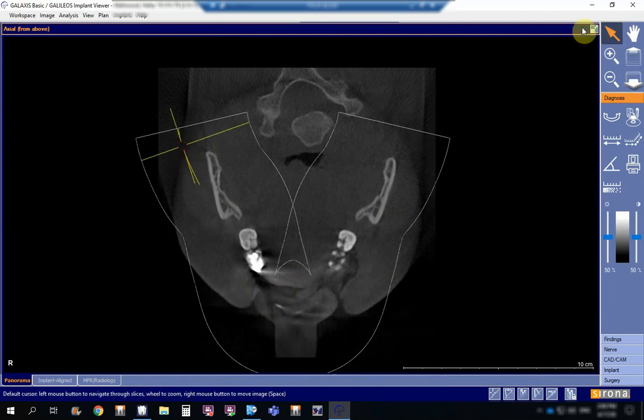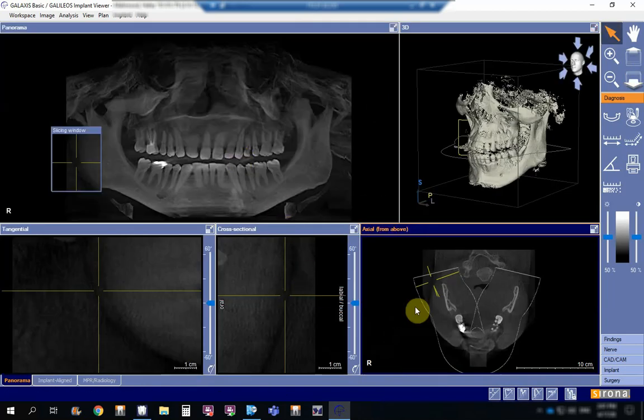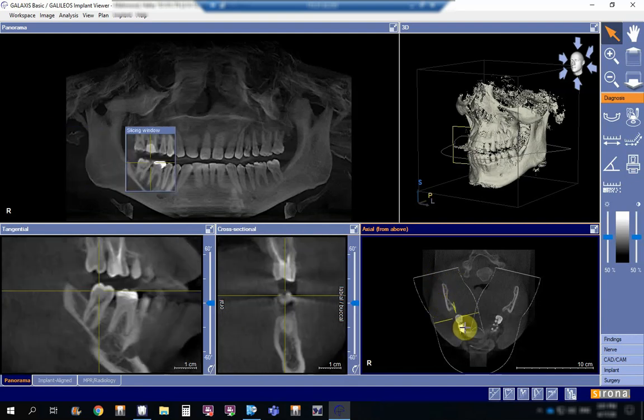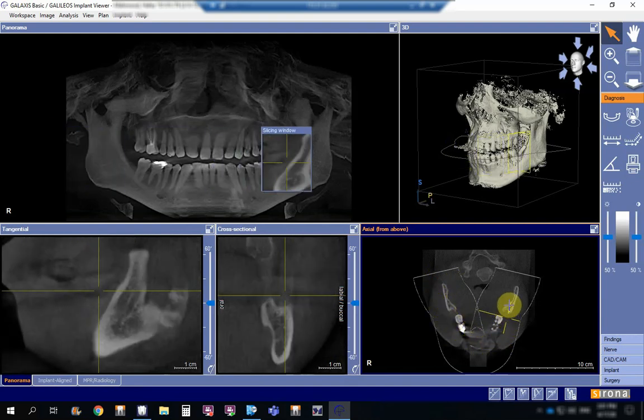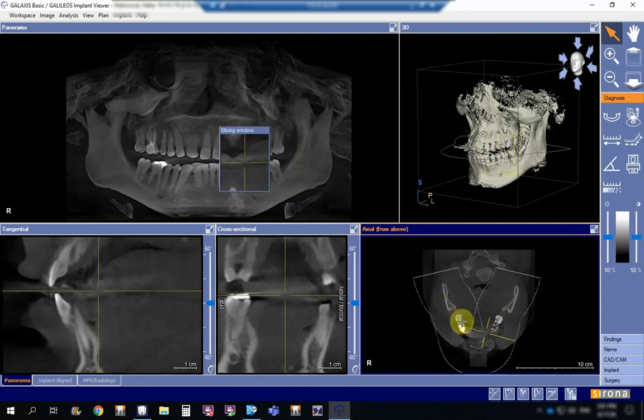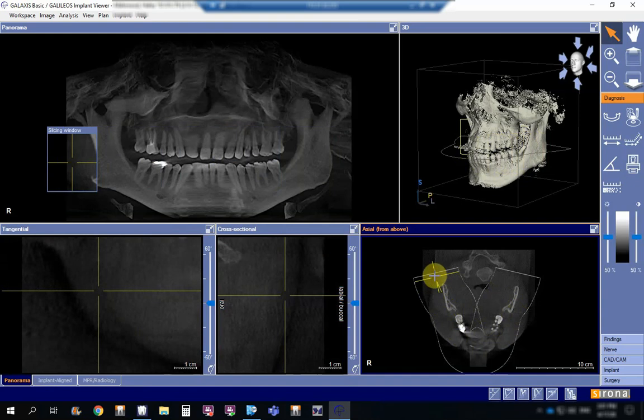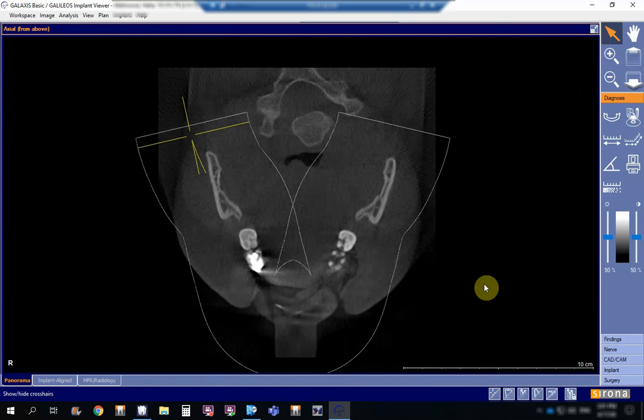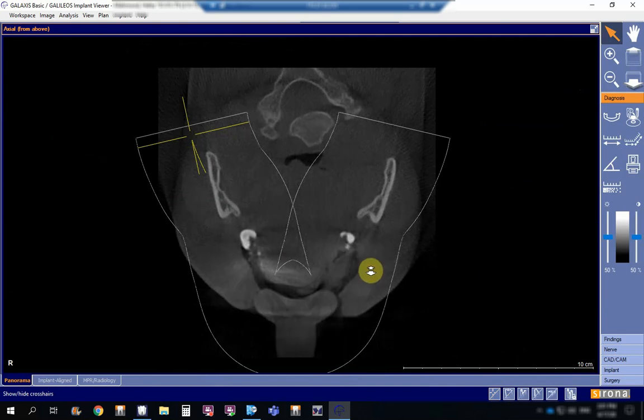Of course, when I have dragged this away, see the whole section now has changed. Unlike here, the crosshair can be removed, but in the axial it cannot be removed, so I'll just slide it away so that it will not cover the X-ray.